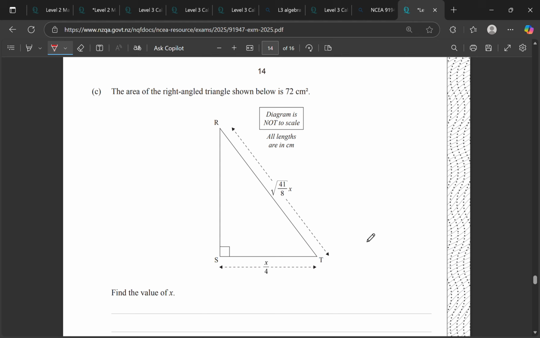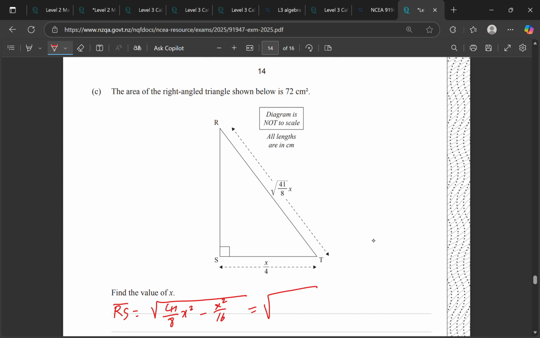Okay, to find the area of this triangle, you need a height, right? Instead, it is given the hypotenuse. So to find RS, you have to use Pythagoras theorem, right? Square root of 41 over 8 x squared minus x squared over 16.